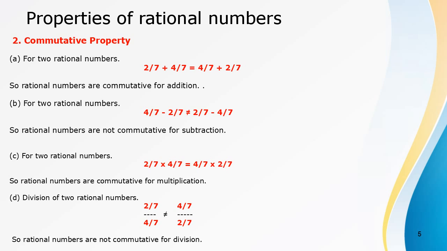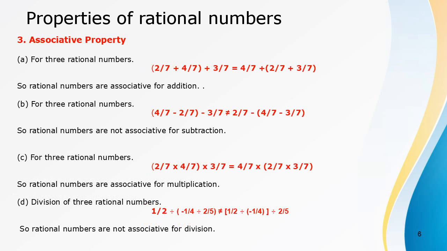But it is true for multiplication. 2 upon 7 multiplied by 4 upon 7 will give the same result as 4 upon 7 into 2 upon 7. In division it is not true, as 2 upon 7 divided by 4 upon 7 is not equal to 4 upon 7 divided by 2 upon 7. So rational numbers are not commutative for division.